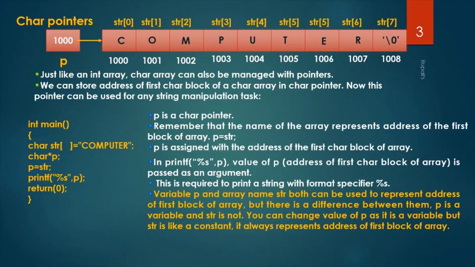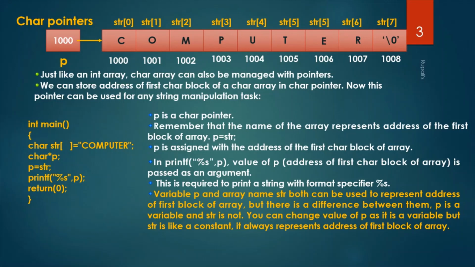What is that? P is a variable and str is not. Both values are 1000, but P is a variable and str is not.